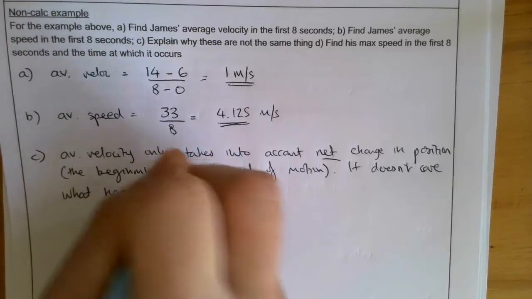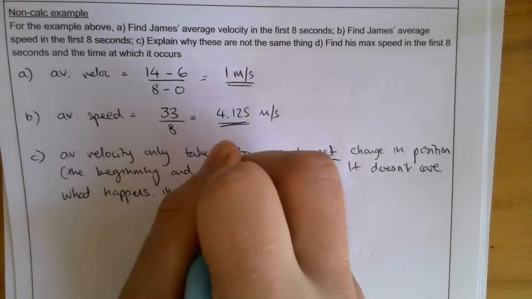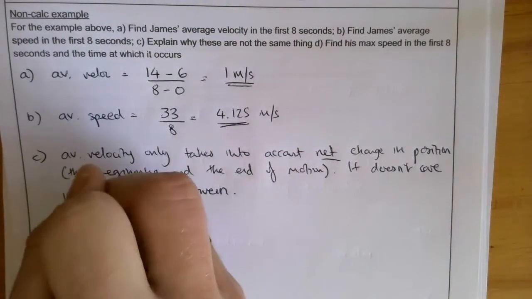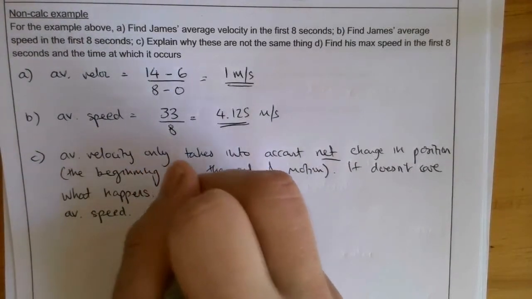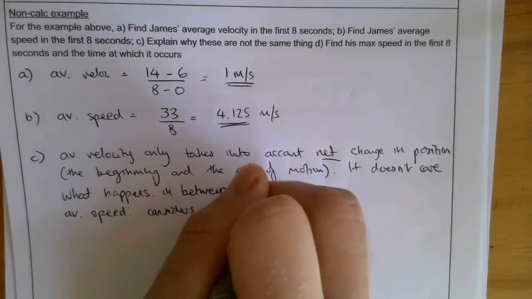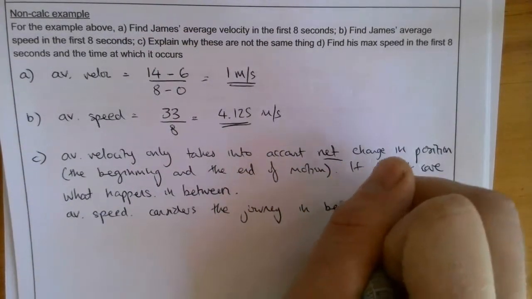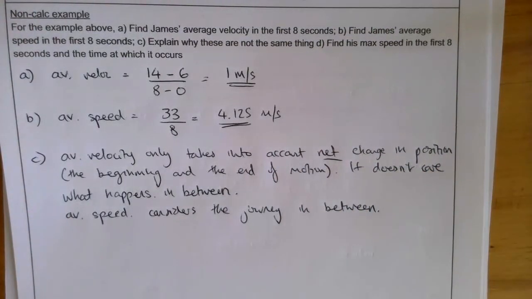So average velocity is just where did you start and where did you finish? But average speed considers the journey in between. And obviously both of those concepts are logical, they make sense, but they just give us slightly different results.